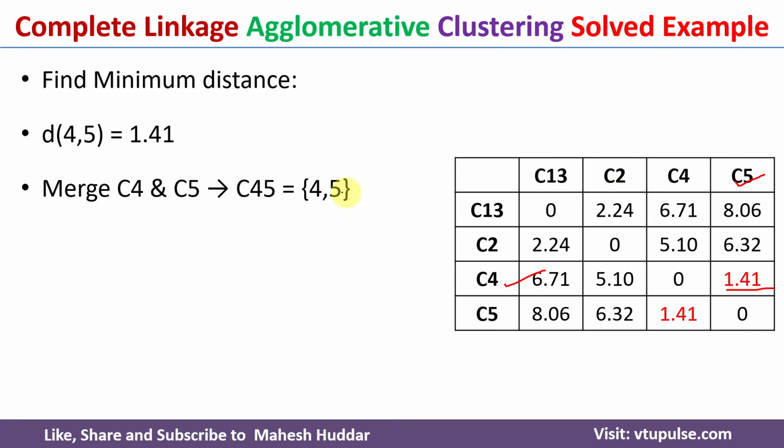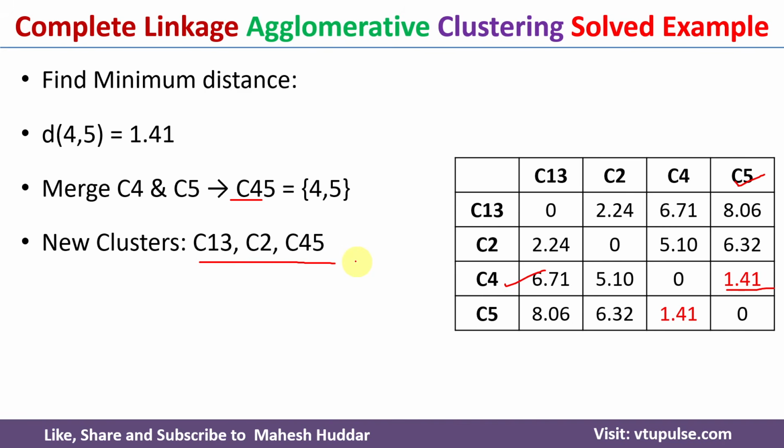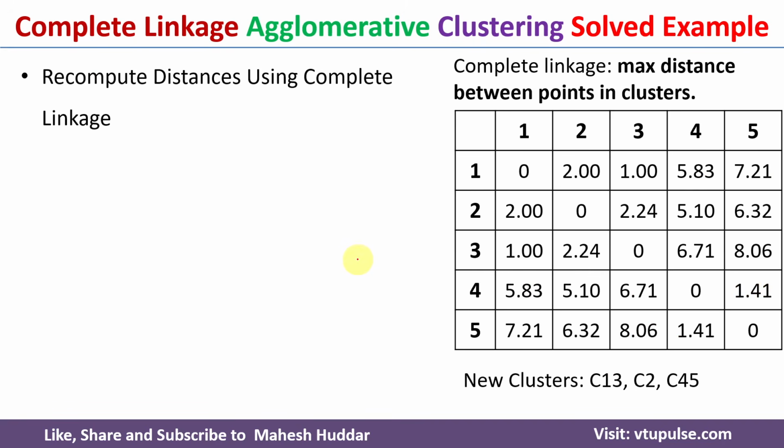So we get the new cluster C45, and the new clusters are C13, C2 and C45. Next we need to recalculate the distance using the complete linkage agglomerative clustering algorithm between the clusters C13 to C2, C13 to C45 and C2 to C45. In complete linkage, the distance between two clusters is the maximum distance between the points in the clusters.